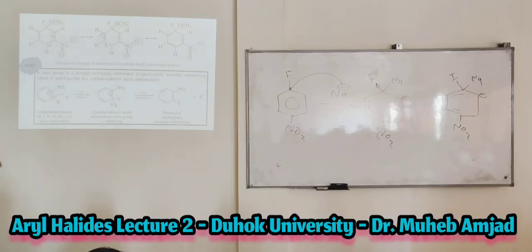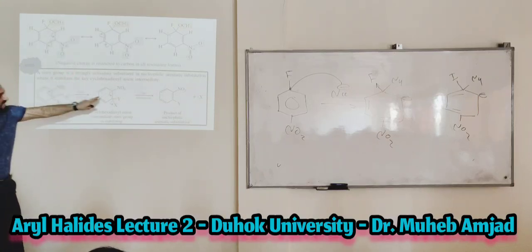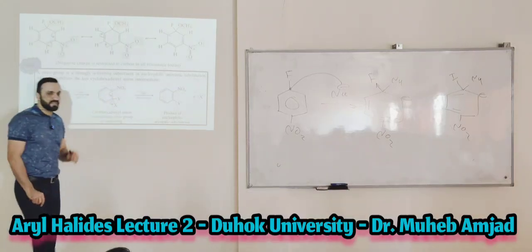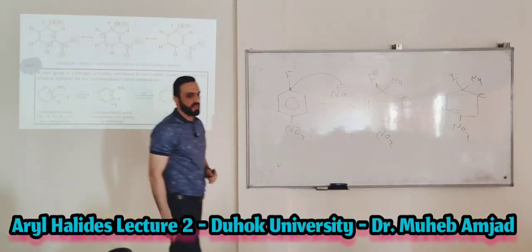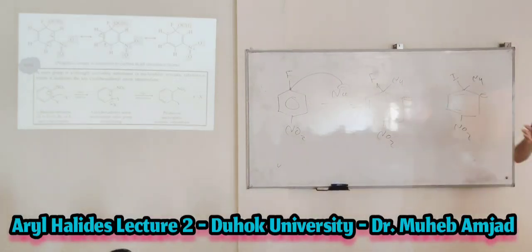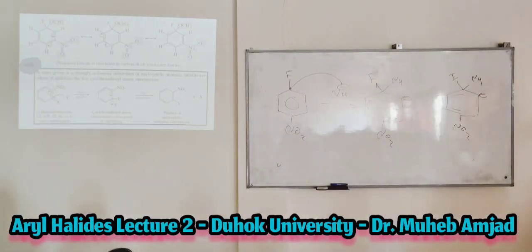So what does the nitro group do? It stabilizes the carbanion in the intermediate product. The work of the NO2 is to stabilize the carbanion, because it is an electron-withdrawing group.